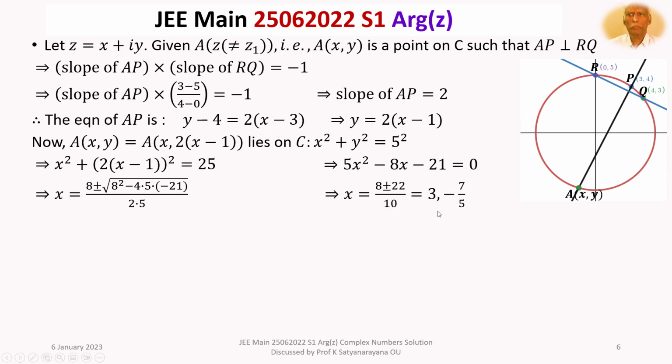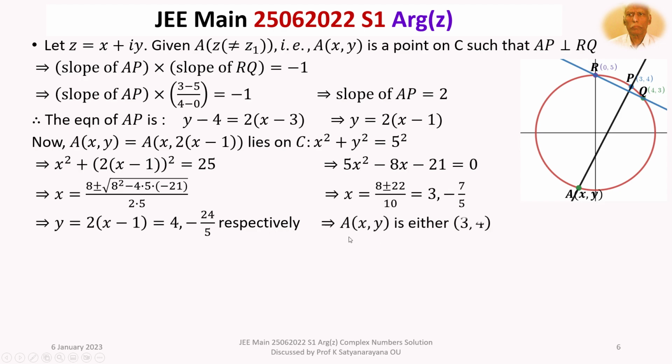Right. For these values of x, what is y? So y is equal to 2 into x minus 1. And when x is equal to 3, y value is 4. When x is equal to minus 7 by 5, y value is minus 24 by 5 respectively. So that means A (x, y) is either 3 comma 4 or minus 7 by 5 comma minus 24 by 5.